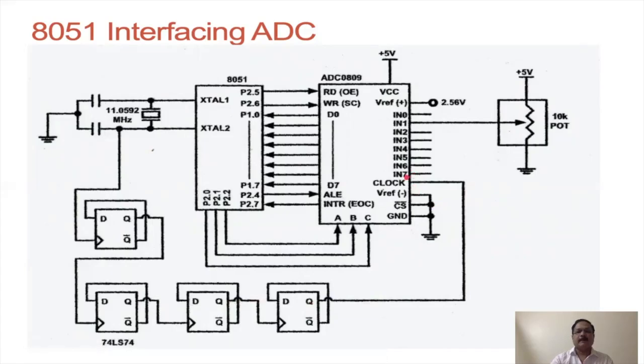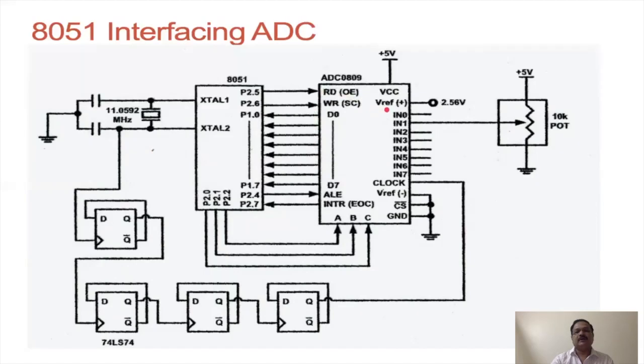Here you can find the RD and WR, that is read and write signals. The write signal is used to start the conversion, and the read signal is used for reading the output available on the D0 to D7 lines whenever the conversion is finished.